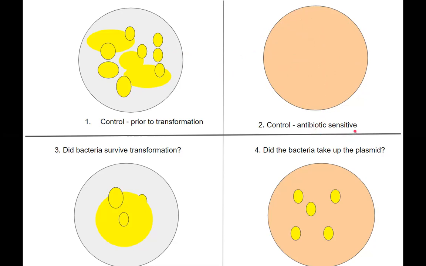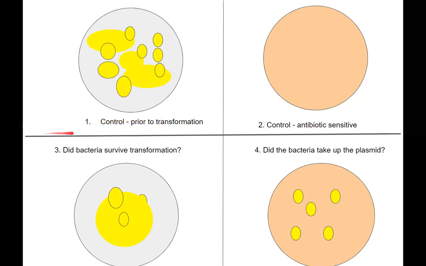That's what we call antibiotic sensitive. So on here, you see no colonies of bacteria. That's how we know that this bacteria was sensitive to the antibiotic. But what we're going to do in this transformation is we're going to try to see if we can make the bacteria resistant to the antibiotic.